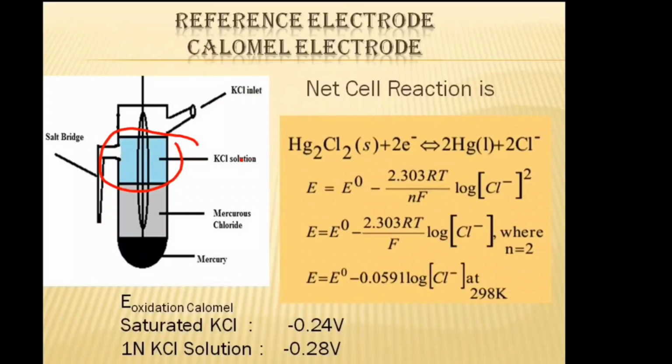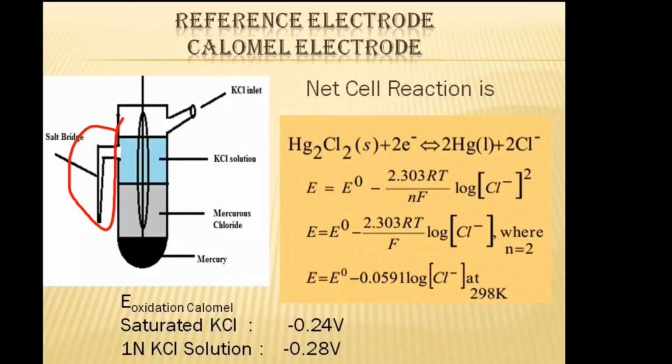Whether it is saturated KCl or one normal KCl, the calomel electrode is of two types. One is the saturated calomel electrode and another is the standard calomel electrode. A calomel electrode filled with one normal KCl solution is known as a standard calomel electrode.